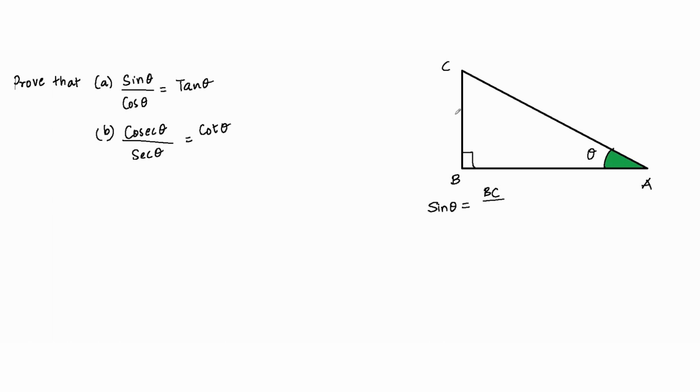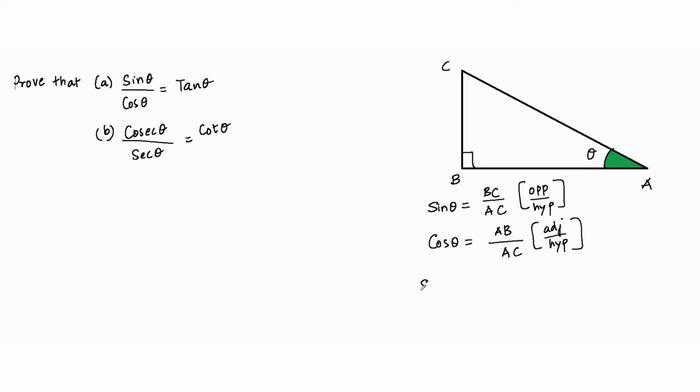So sine theta is the opposite side upon the hypotenuse, which is BC upon AC. That's the definition of sine. And cos theta is adjacent, so that's AB divided by the hypotenuse, which is AC. So this is adjacent upon hypotenuse.